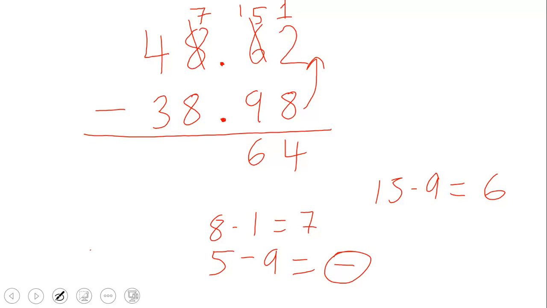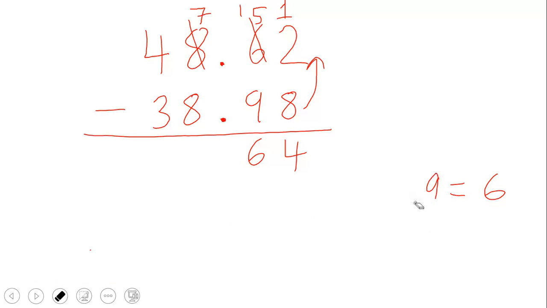Now we go to the next column, which is the hundreds column. We have 7 minus 8. 7 minus 8 is going to give us a negative number.